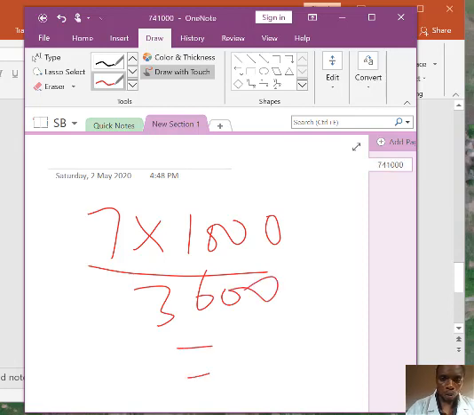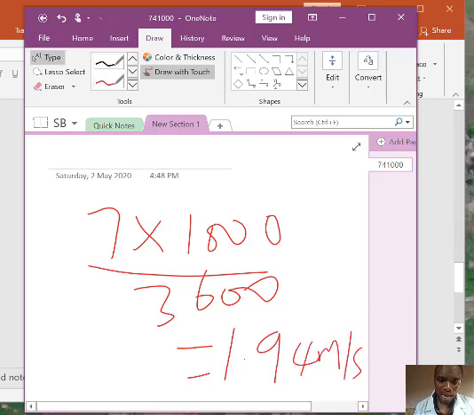So if you calculate 7 times 1000 divided by 3600, this will give us approximately 1.94 meter per second. So that is the speed.